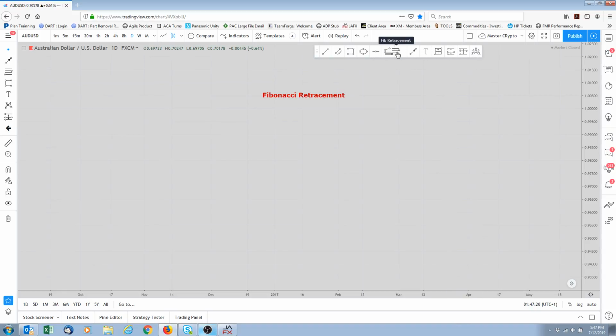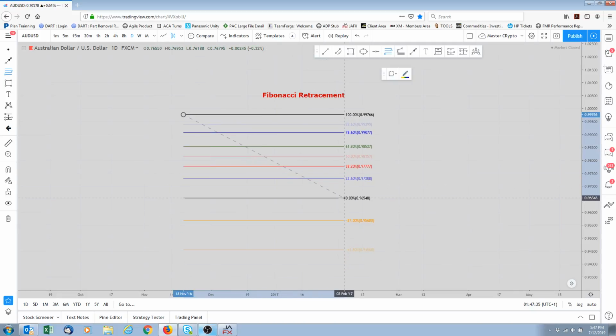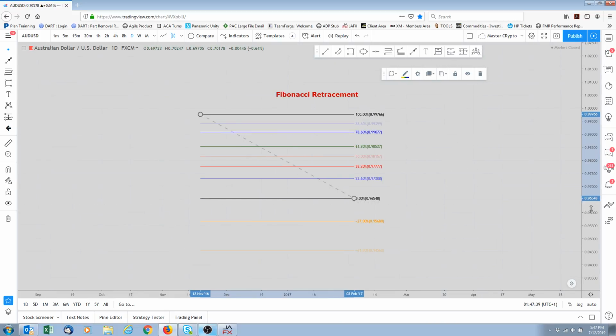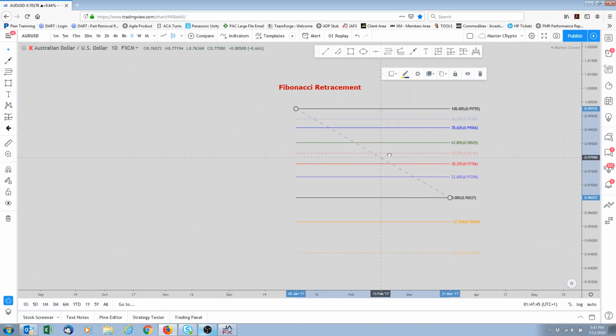You can drag it and put it wherever you want. So I'm going to click on it once and bring it onto your screen, click once with your left mouse button, drag it down and click again to let it sit on your chart here. Okay, so you can see all these levels here.